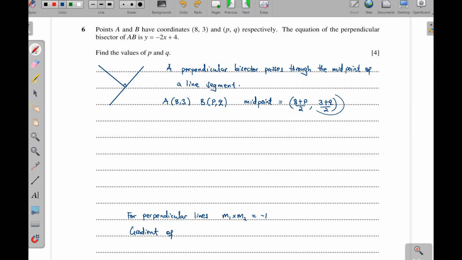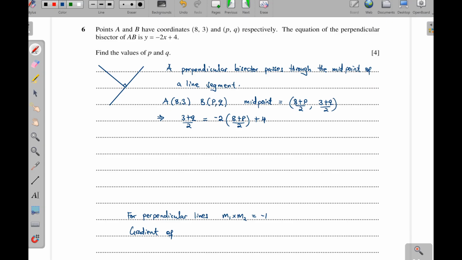So the y coordinate is this one here. That means we are going to have (3 + q)/2 equal to negative 2 times the x coordinate, which is 8 + p over 2, and then plus the 4. So from here we can get an equation in p and q.